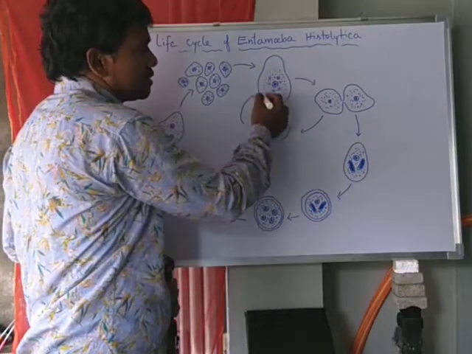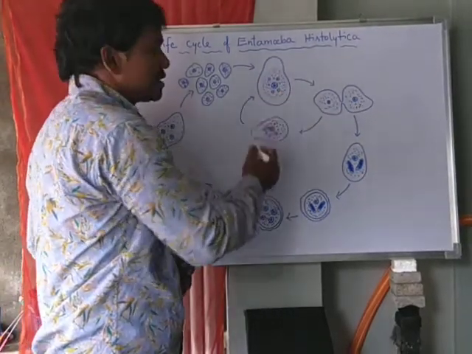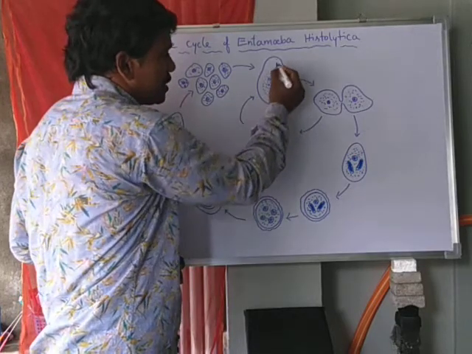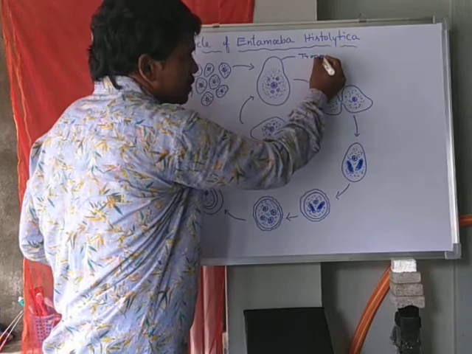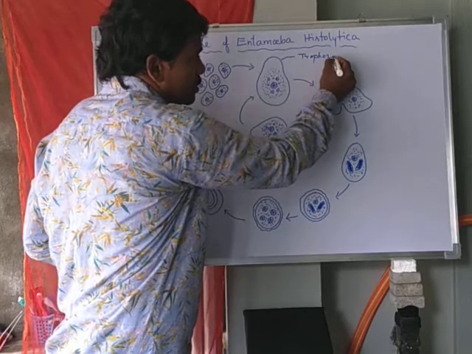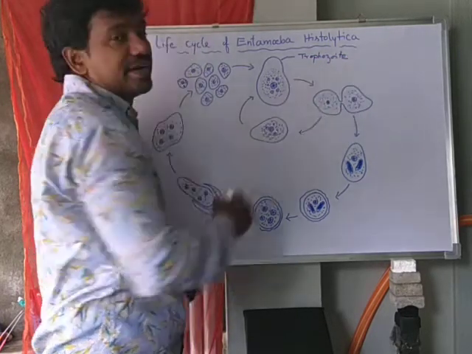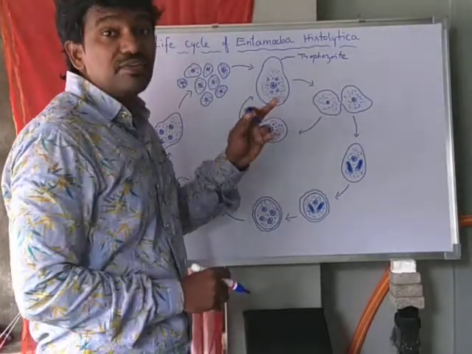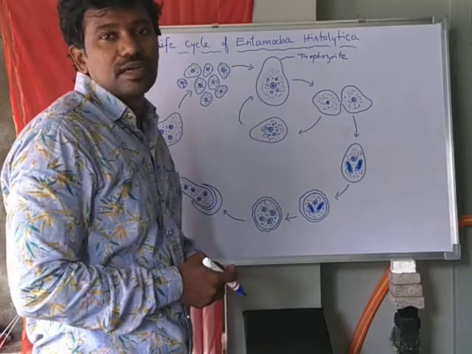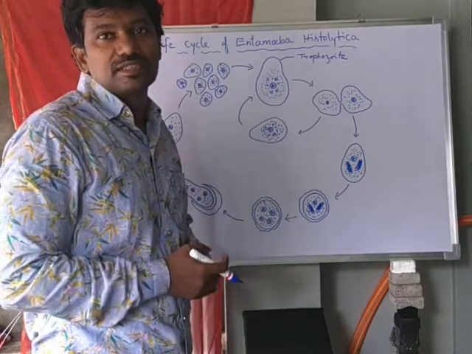So this is the stage of trophozoite. The trophozoite of Entamoeba is a feeding, active and pathogenic stage.